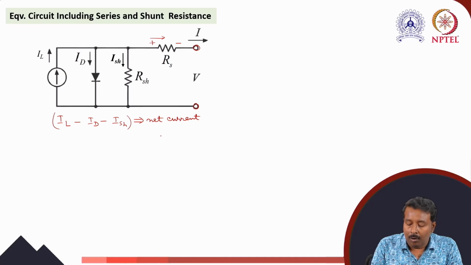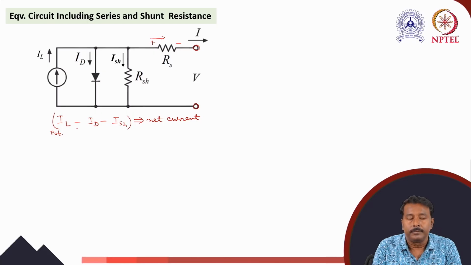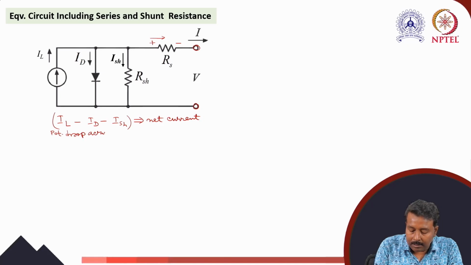Terminal current. Also, this current will cause some potential drop across this RS. That drop will be RS into this. So the potential drop across RS will be RS into IL minus ID minus ISH.